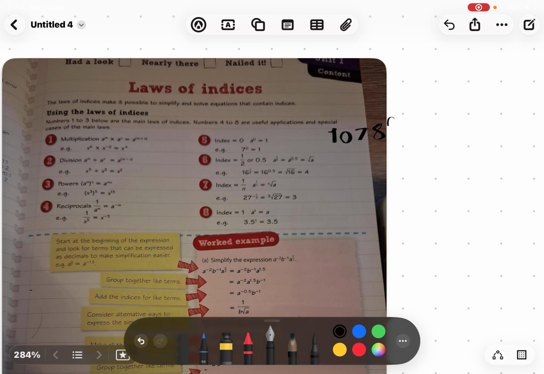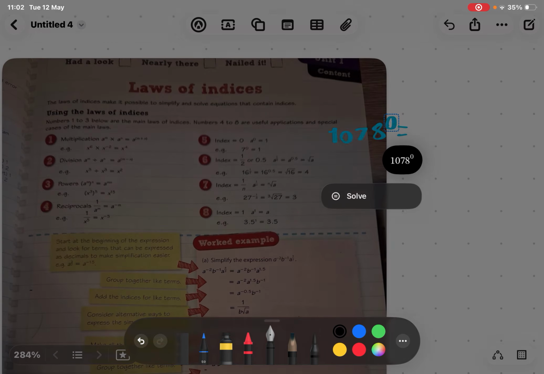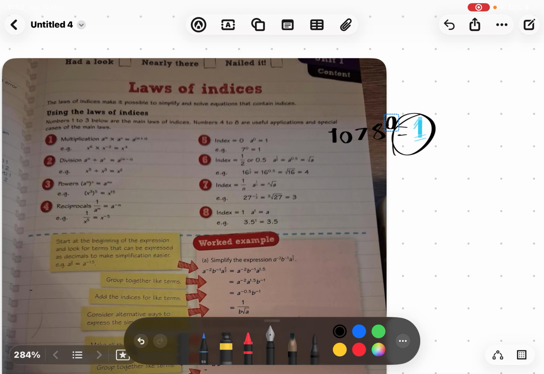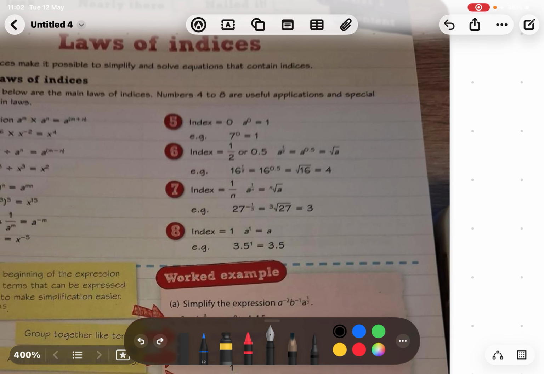Let me try to do it like this. Oh yes, here, 1. See? So whatever it is, if it's a 0 as a power, it will equal 1.